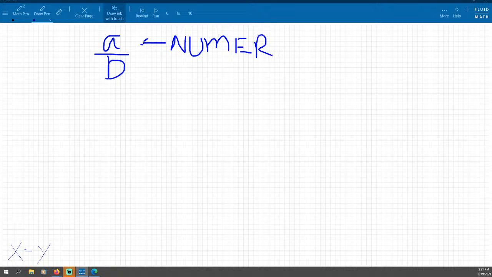I need a better way to write words. Anyway, it's called the numerator. This is called the denominator. D-E.